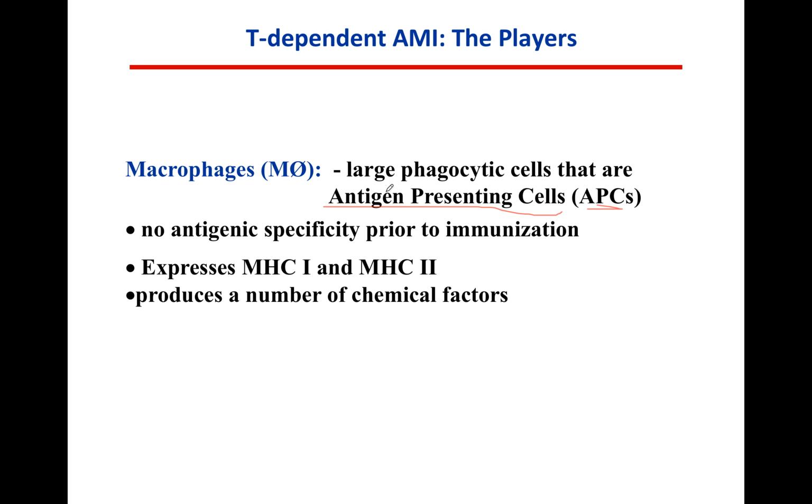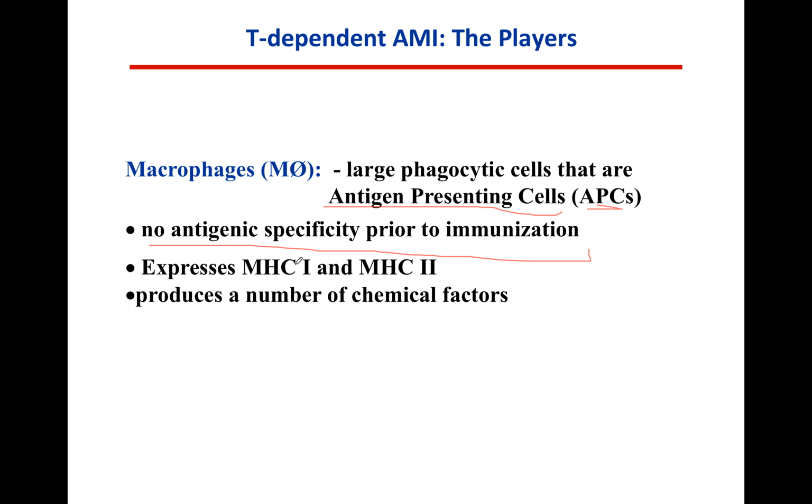And these are cells, as we'll see, that are going to have a particular function in interacting with T cells. These APCs, like macrophages, have no antigenic specificity prior to immunization. What that means is that they don't carry any antibody. They are agnostic with regard to what the antigen is that they're going to interact with.